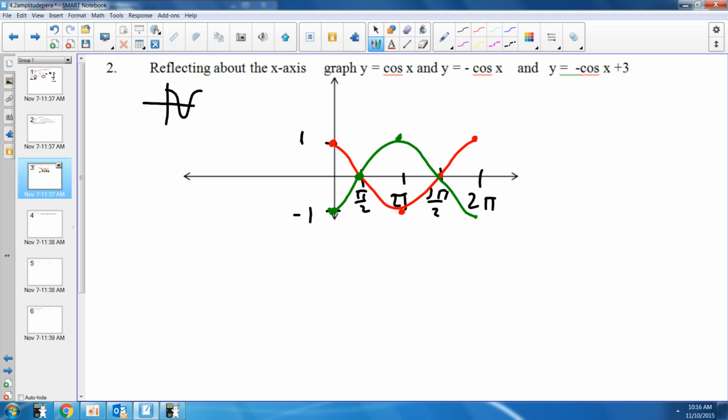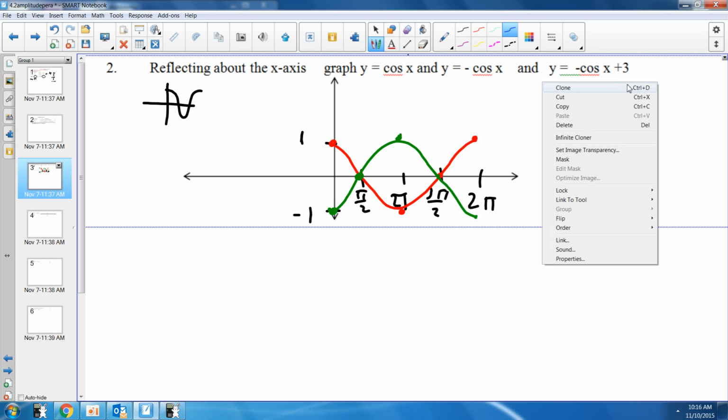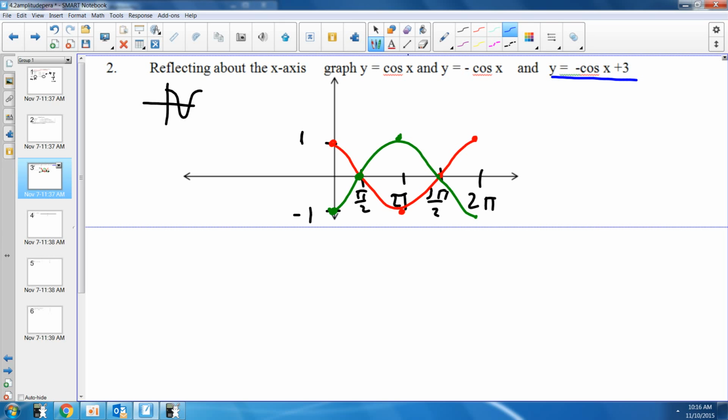Then it says, what about y equals negative cosine x plus 3? I'm shifting the green line up 3 units, like this.